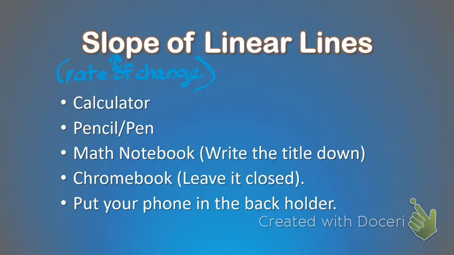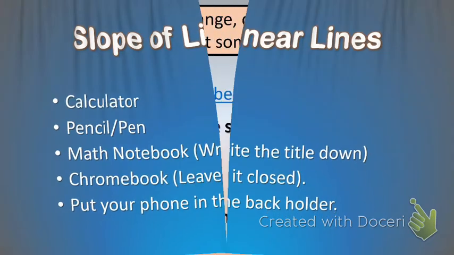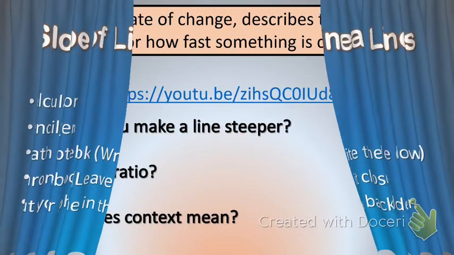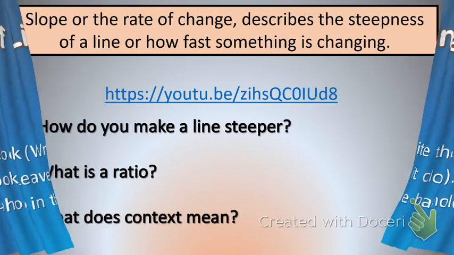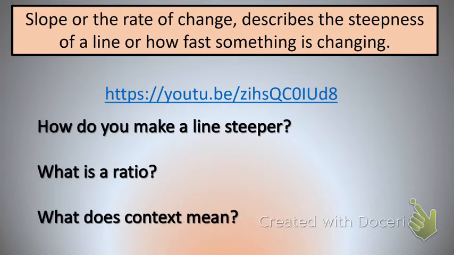Context means a real life situation. Okay? All right, I need you guys to write down the definition in that orange yellowish box. Okay, so slope or rate of change describes the steepness of a line or how fast something is changing.